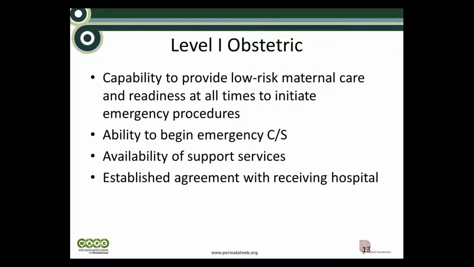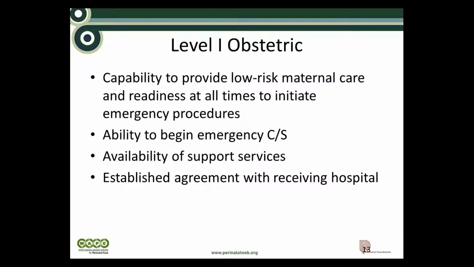But level 1 obstetric services. The article from this year says they should have the capability to provide low-risk maternal care and readiness at all times to initiate emergency procedures, including the ability to begin emergency cesarean sections. They should also have support services available to make sure that if other things come up during pregnancy, during labor and delivery, those needs can be met.